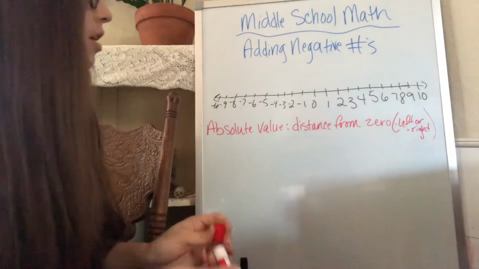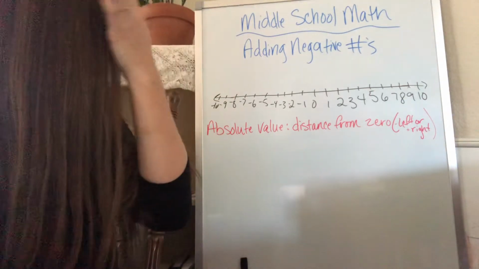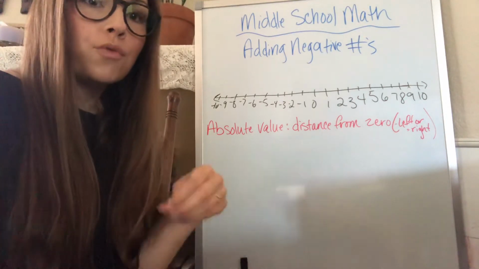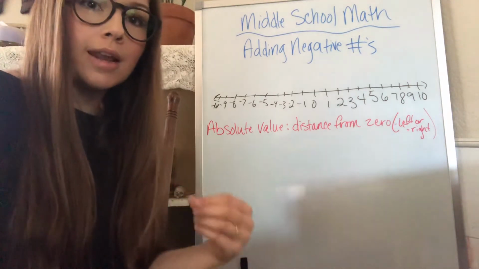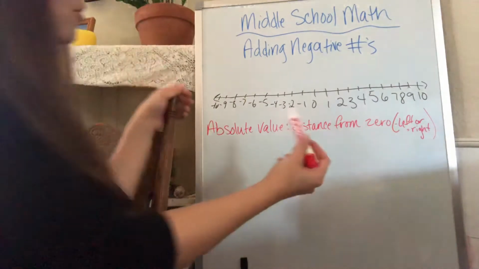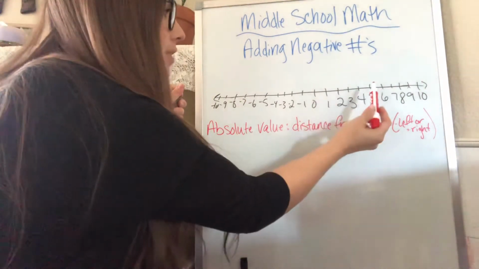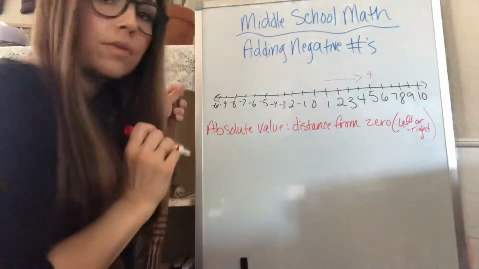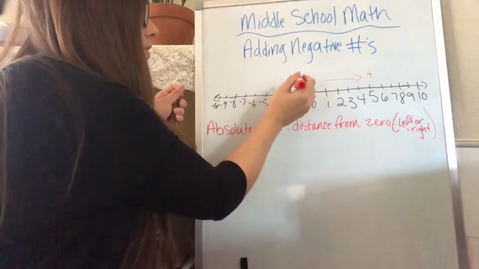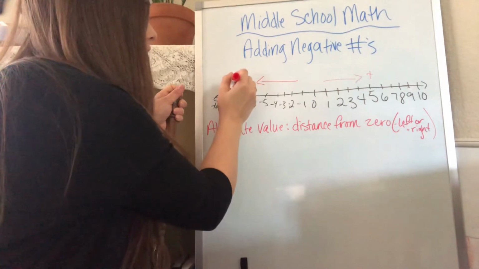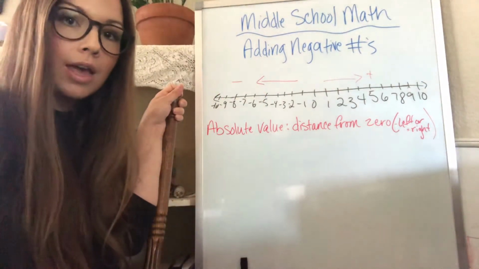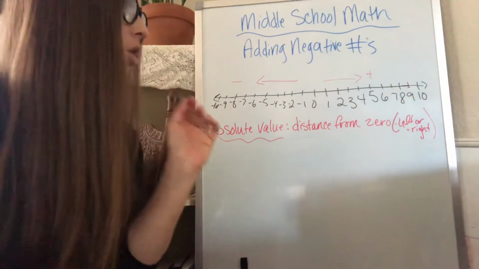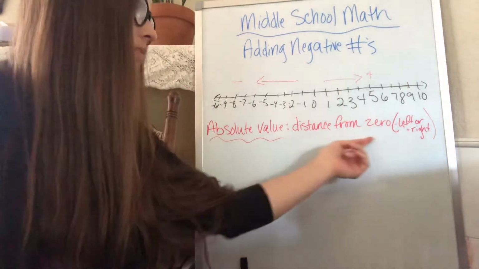I want to talk about the number line first because I think that is the most useful tool for all of us to be adding numbers. So first of all, to the right of 0, the numbers are positive, right? And to the left of 0, the numbers are negative. That brings up something called absolute value, which means the distance from 0.